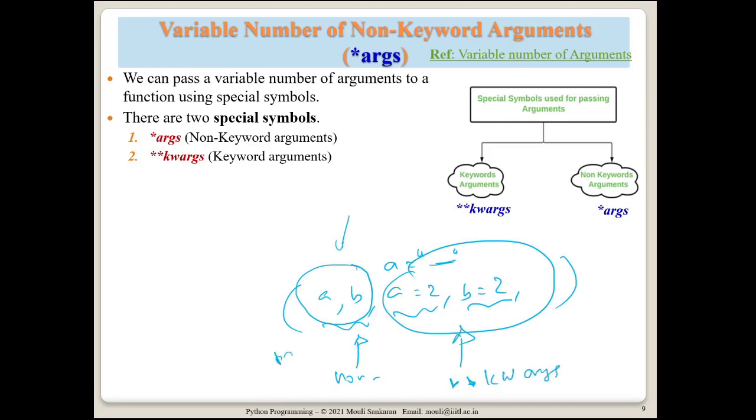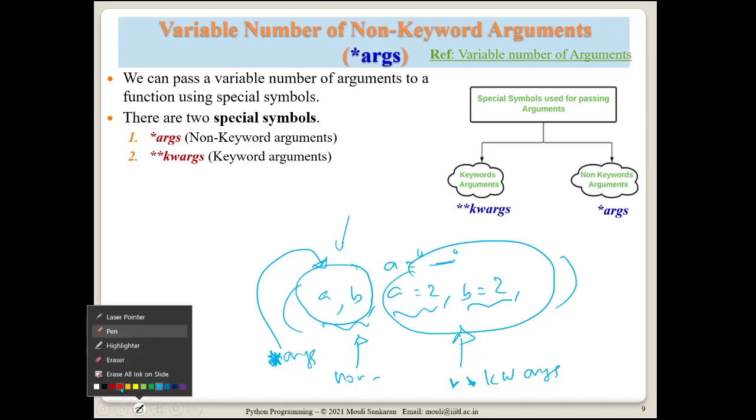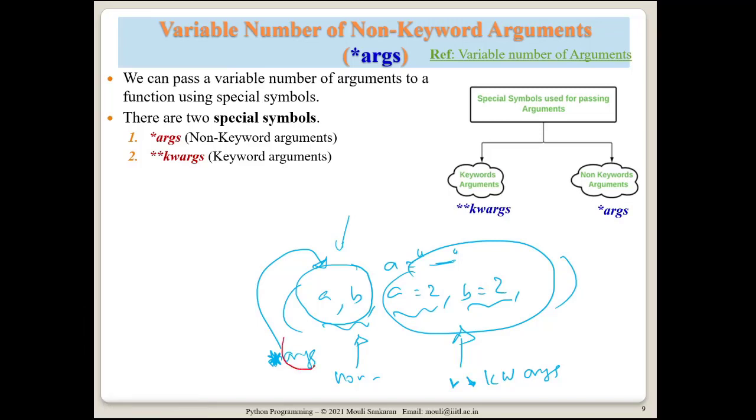Okay, star args. Now one more thing: the star means a variable number of non-keyword arguments, but this name args does not mean anything. It can be any valid label that you can give.